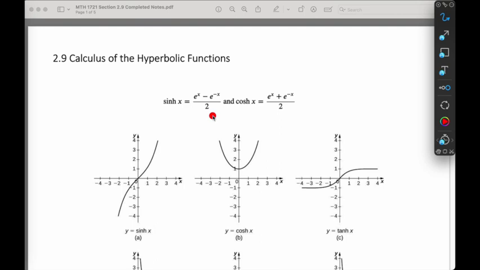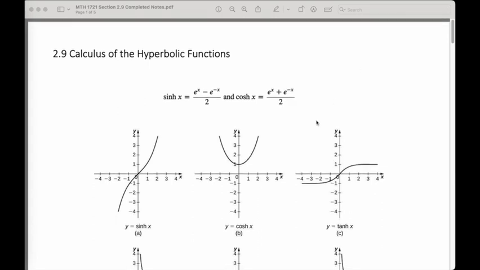Hyperbolic secant would be the reciprocal of hyperbolic cosine, and hyperbolic cosecant would be the reciprocal of hyperbolic sine. So everything is based on these 2 equations here.